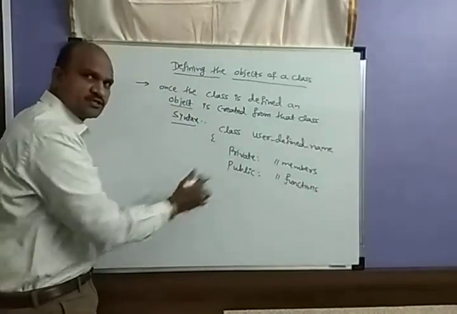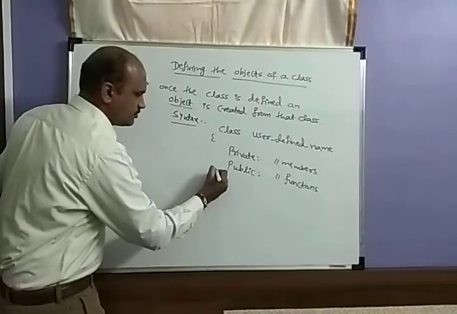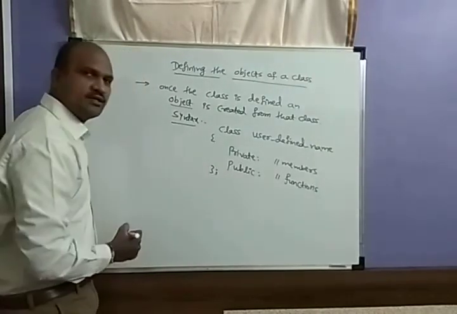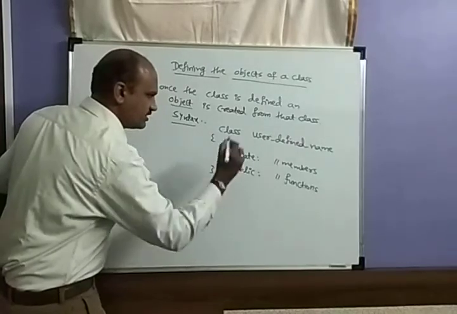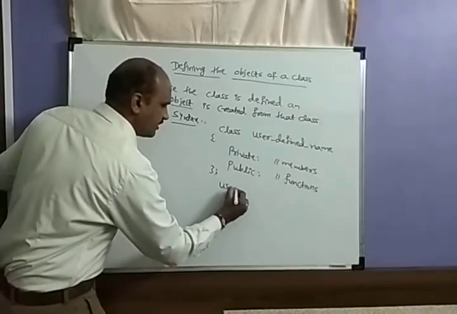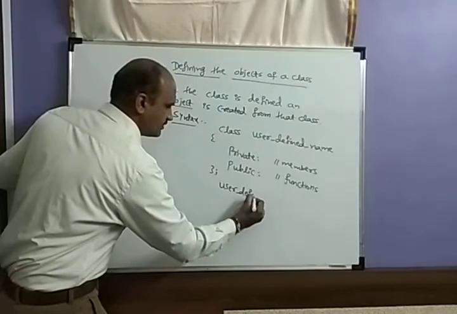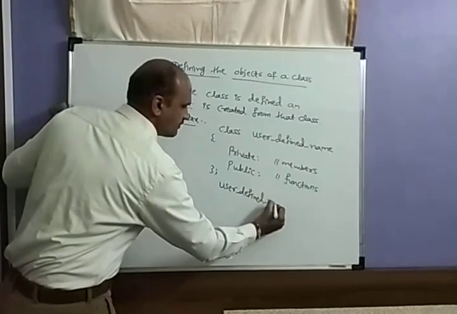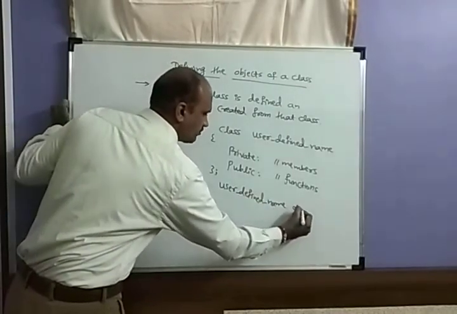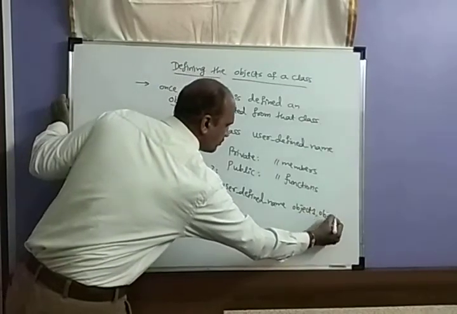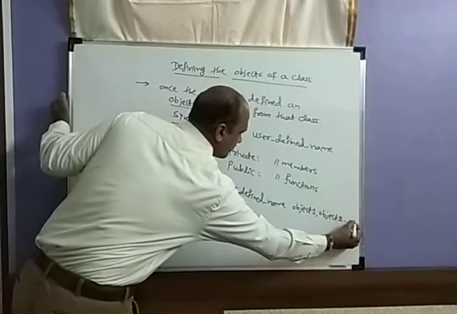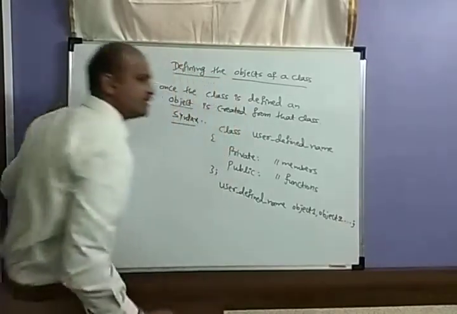These two are access specifiers. Then close. Now when you create an object, you use the class name, the user defined name, and then object 1, object 2, like that n number of objects you can create.